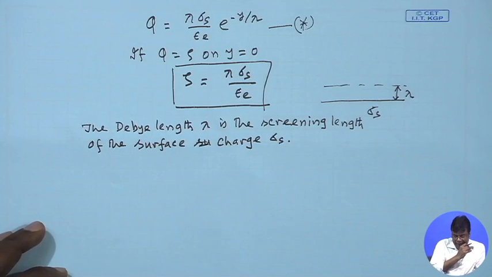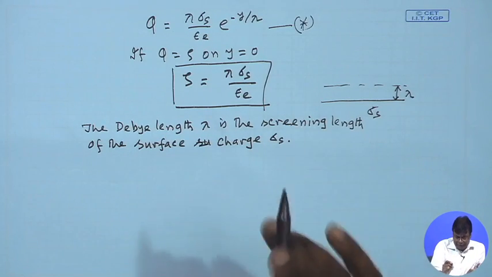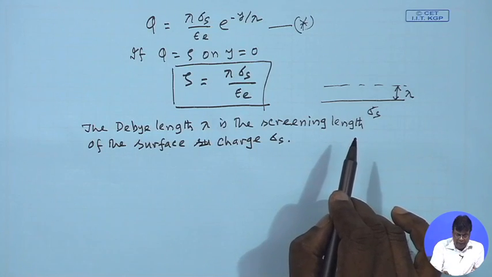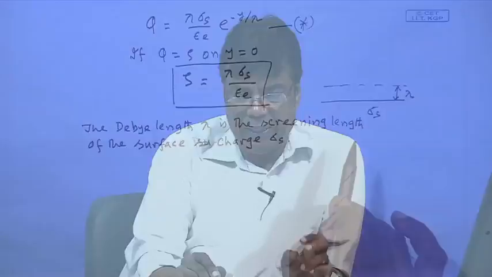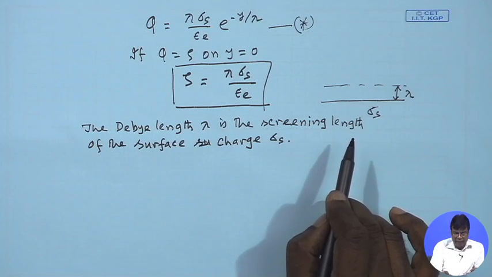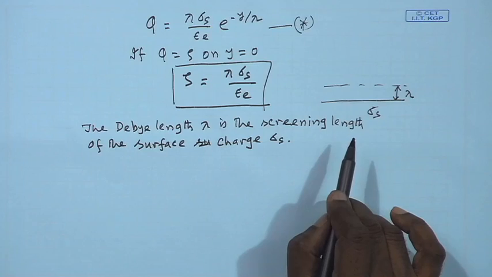Of course, this equation, star, is based on the assumption that we are taking a monovalent, binary symmetric electrolyte, and also the Debye-Huckel approximation, that the surface potential is quite low.